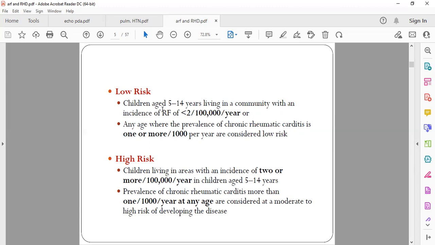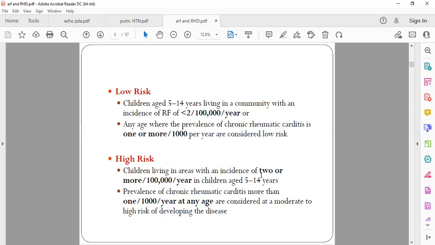If the prevalence is less than 2 per 1 lakh per year of acute rheumatic fever, or less than 1 in 1,000 of chronic rheumatic carditis, it is called low risk.